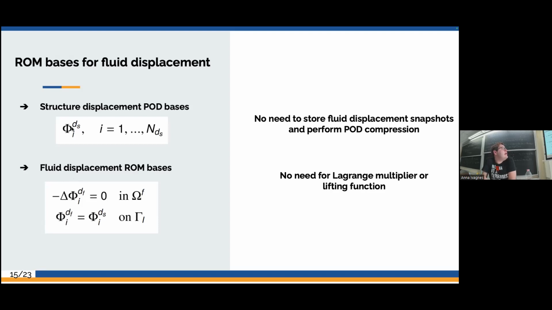And for that, also here it enters that we don't need the Lagrange multiplier or some other techniques, because the fluid displacement problem has a non-homogeneous boundary condition.